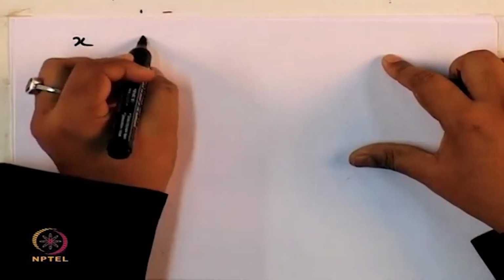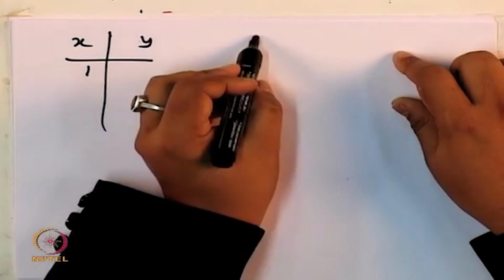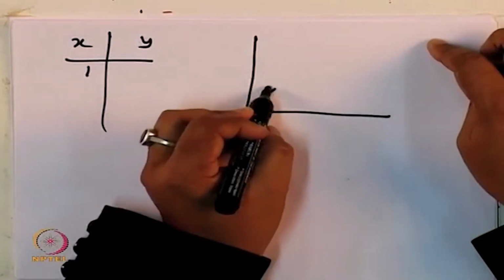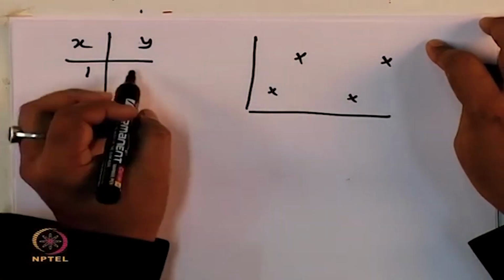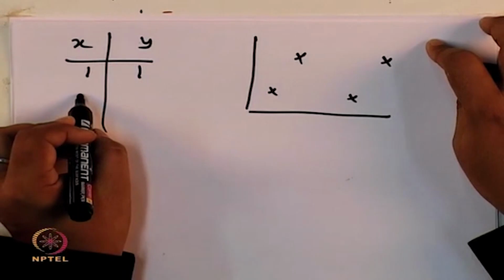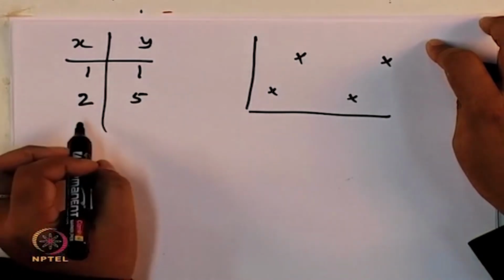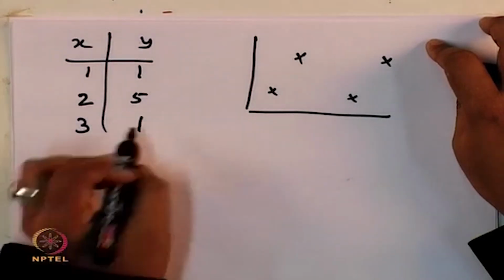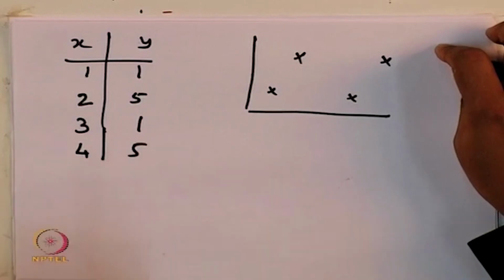So, let us take another example and do this calculation ourselves. Okay. So, let us take an example where x and y are not particularly correlated. Let us say if I take this point, this point, this point and this point. Okay. So, let us say x is 1, y is 1, x is 2, y is 5, x is 3, y is 1, x is 4, y is 5.